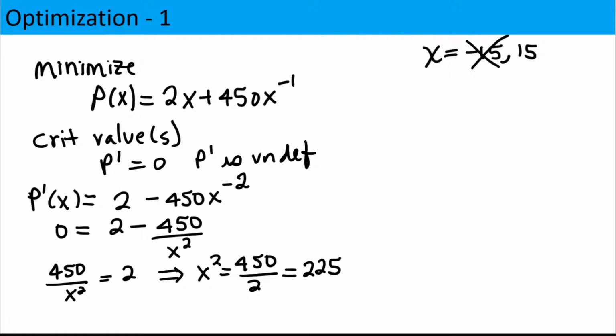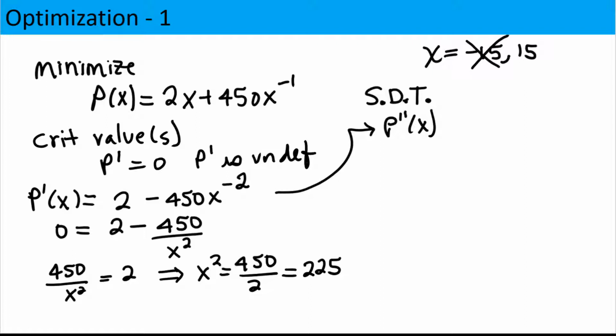Even so, we still have not demonstrated that the positive 15 gives us the minimum perimeter. So we must continue with the second derivative test. That means we're going to take the derivative of the first derivative, and the second derivative would be the derivative of 2, which is 0.